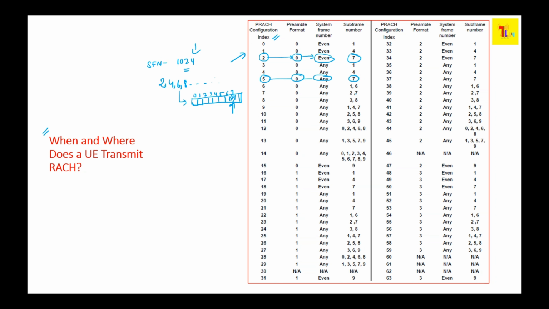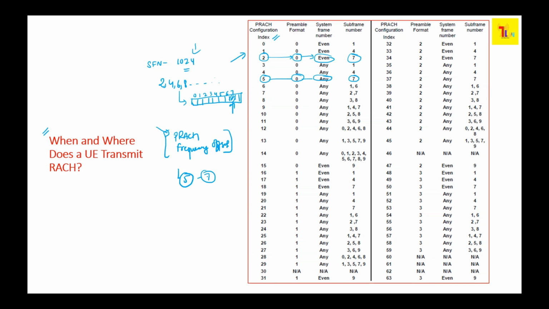Now there is another important IE, the PRACH frequency offset. The PRACH frequency offset gives the location in the frequency domain. Let's take the example 7.